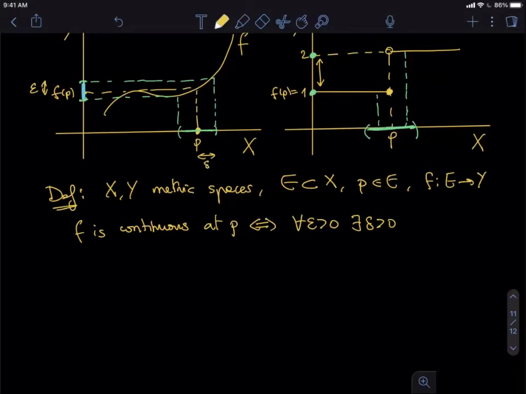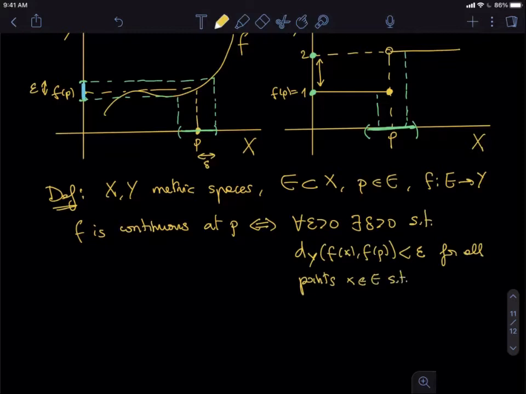So there exists a delta such that the distance in Y, the distance between f of x and f of p, is less than epsilon for all points x in E such that the distance between x and p is less than delta.